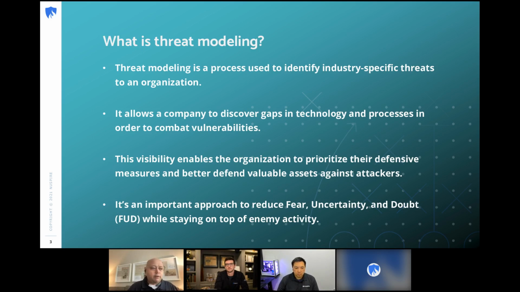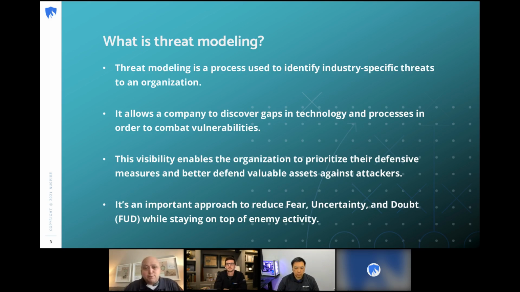And so, part of allowing a company to discover gaps in defensive technology is understanding who the bad guys are and how they operate. This also enables us to prioritize defensive measures and better defend our most critical assets against attackers. I think one of the things that we've done in our industry that's been quite a disservice over the last couple of decades is we've kind of tried to spread peanut butter in the sense of we've tried to be average at a whole bunch of different controls.